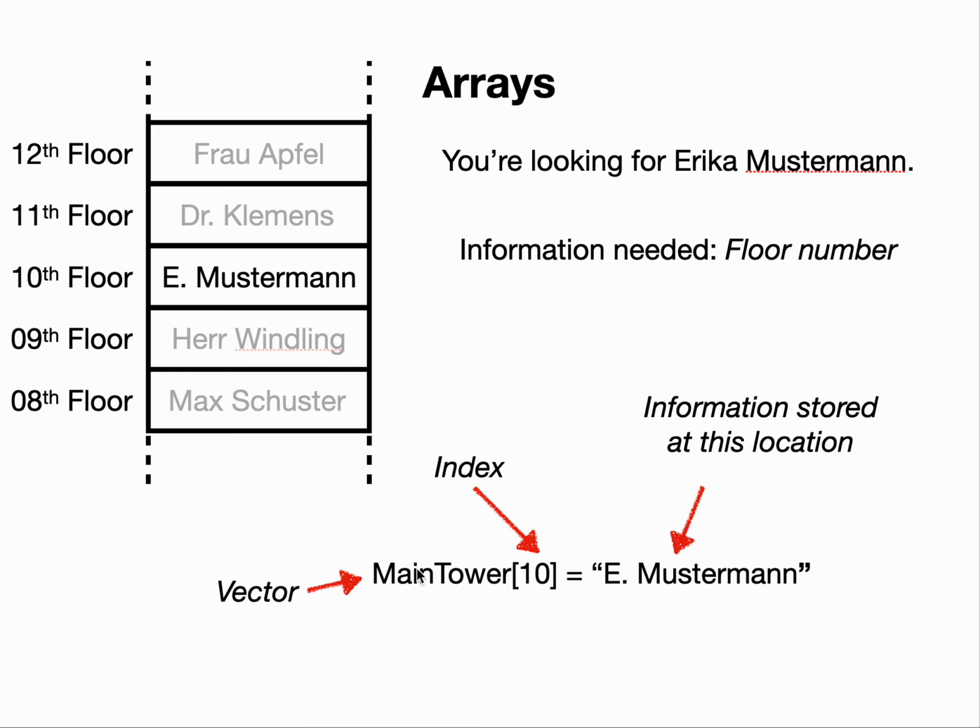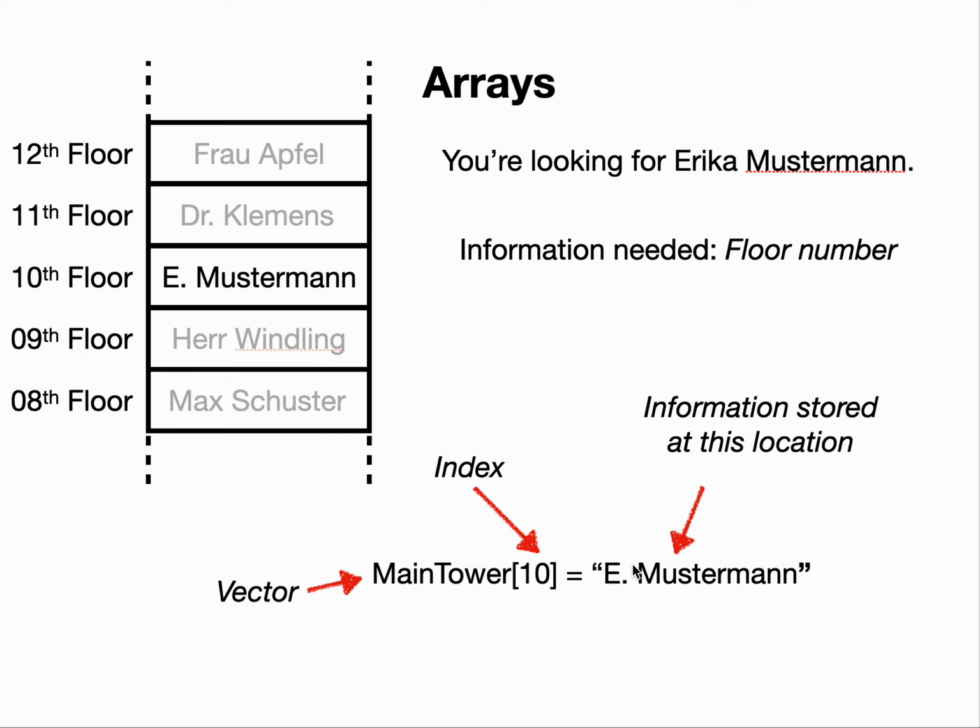So the array mine tower of index position 10, the index will always be located between square brackets, like here, is equal to the string Erika Mustermann.